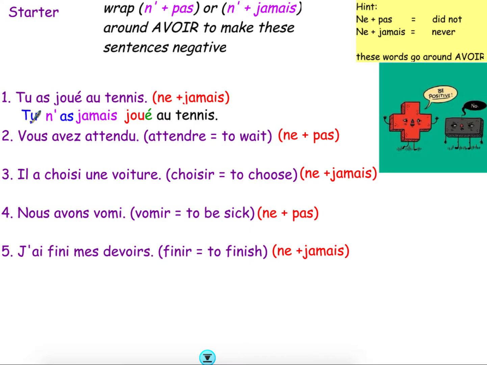We've got the tu, the ne with the apostrophe, a. This is the part of avoir. Okay, so our first part wrapping around avoir is ne. The second part is jamais. Okay, so tu n'as jamais. And the rest of the sentence stays as normal. Jouer au tennis. Okay?